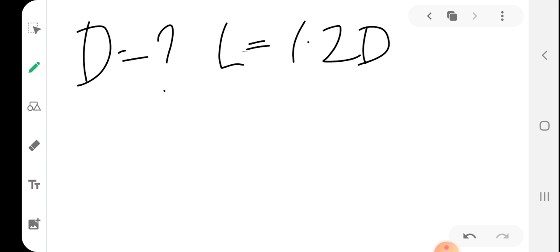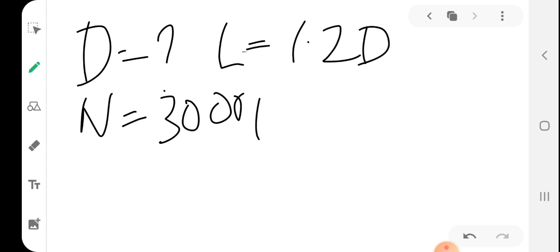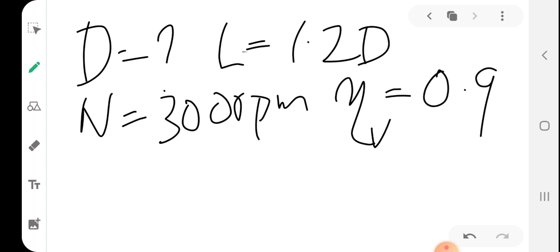So D equal to unknown, L is 1.2D given, N equal to 300 rpm given, volumetric efficiency is 90%, means 0.9.